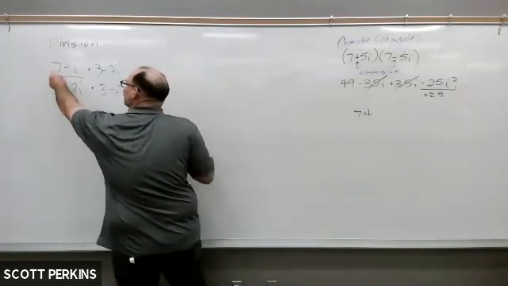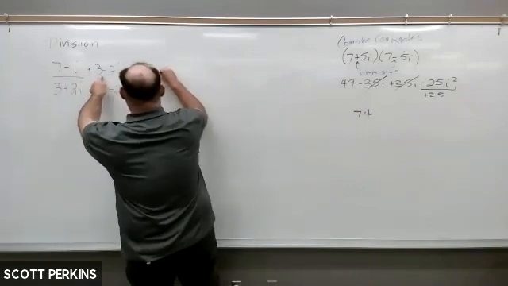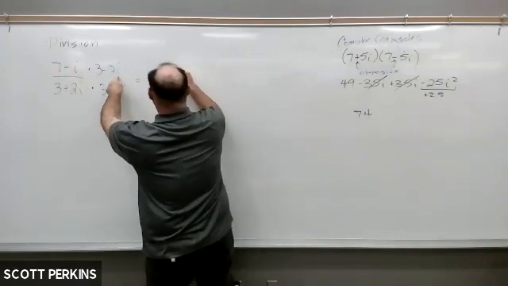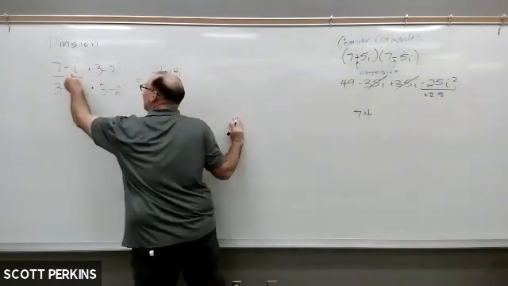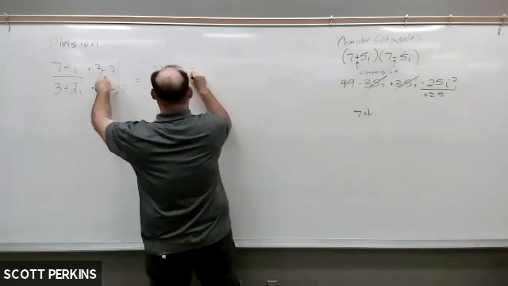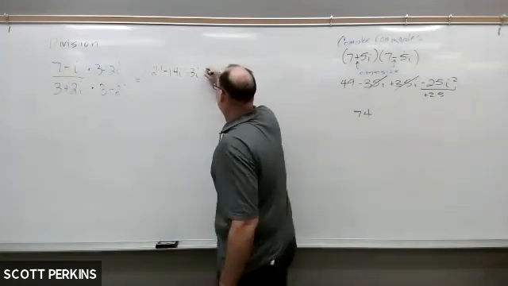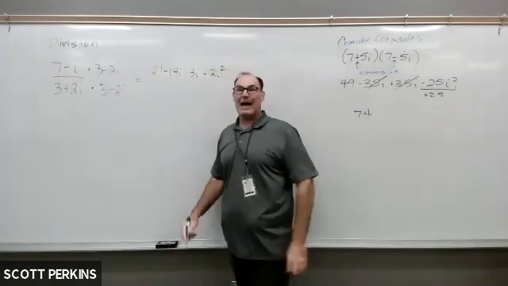So in the top, 7 times 3 is 21, that's my first. 7 times negative 2i is negative 14i, that's my outers. Negative i times 3 is negative 3i, that's my inners. And then negative i times negative 2i is positive 2i squared, that's my lasts.